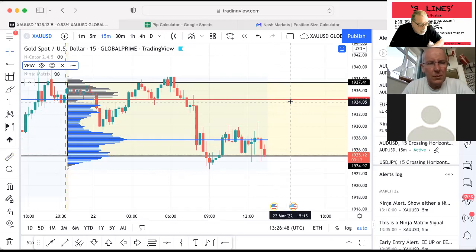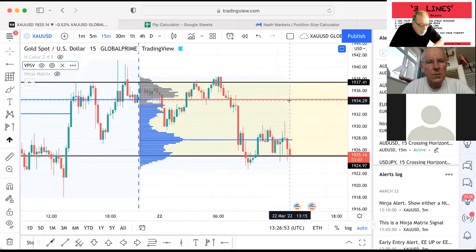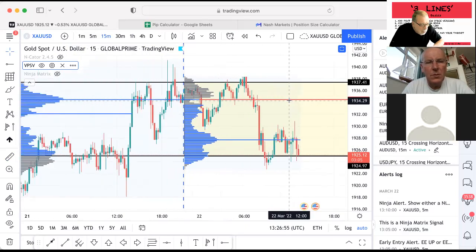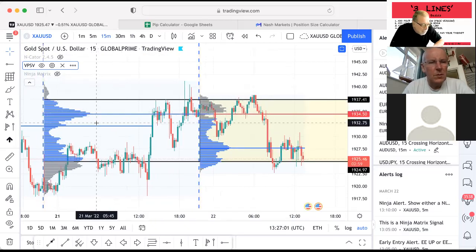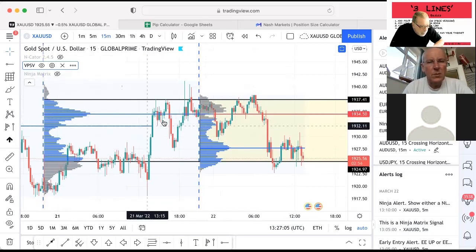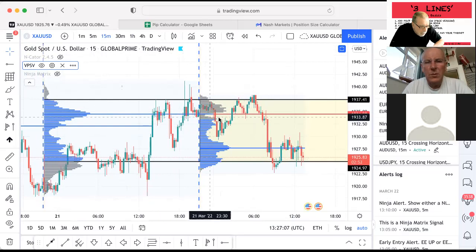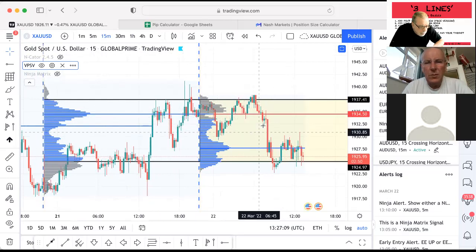And I think it's going to go back up to this point here. No absolute guarantees, but we've got a very, very strong peak there. There was some imbalance there, but it's been taken out. So we do need to bear that in mind.